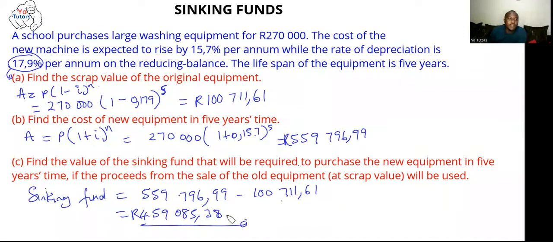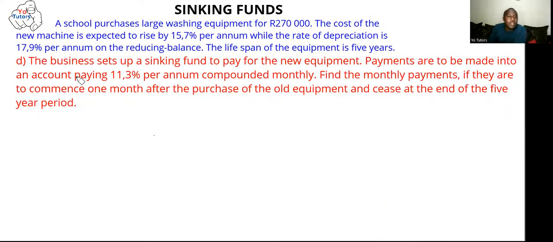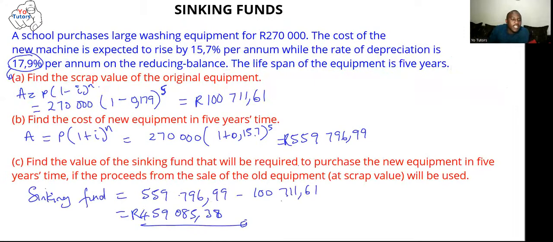That's our sinking fund. Now, let's move on to the next question. So we can say this value that we got here for the sinking fund, you can say shift store in C. Yeah, it's correct. You are going in the right direction.